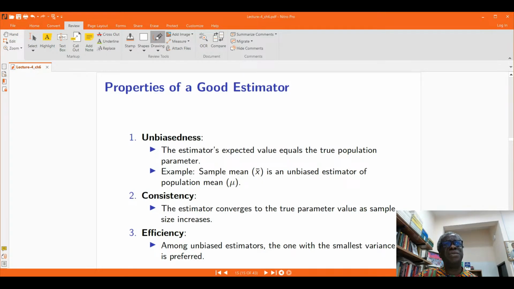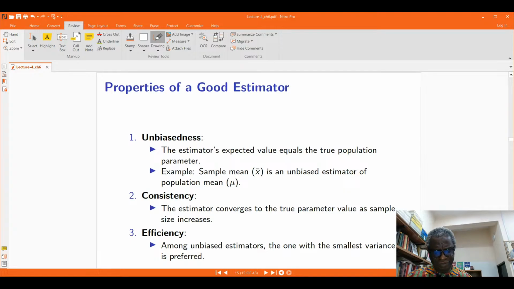So for any quantity in the population that we want to estimate, we might have several estimation methods, several estimators. So how do we determine which estimator is a good estimator?